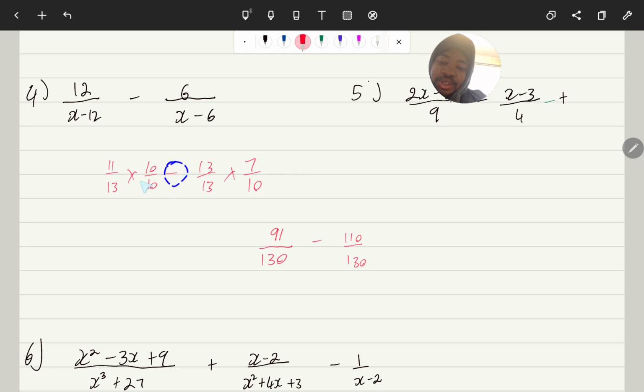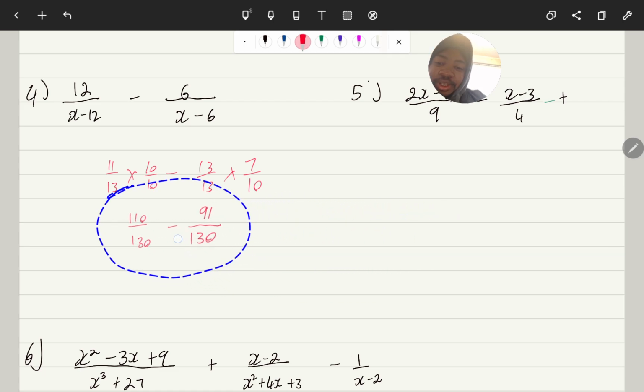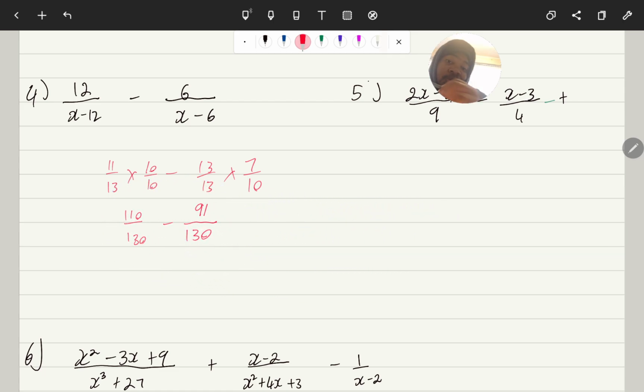So it's this one minus this one instead, so we will have something like this. Cool. So now when we do our subtraction, it's going to have 9 and 10, that's 19, right, over 130, right?